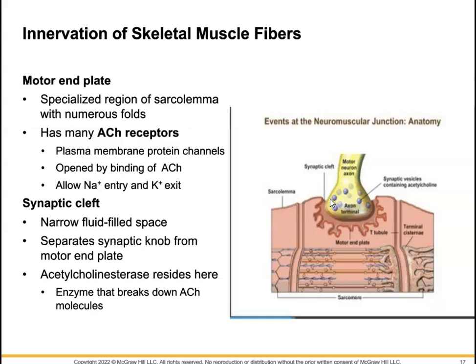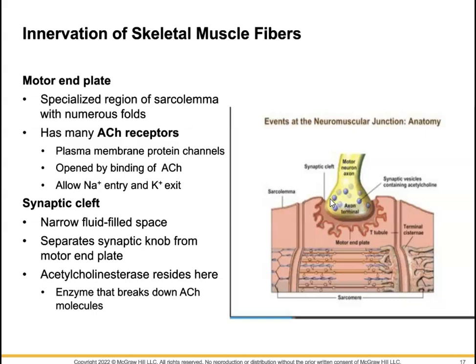The motor end plate also has a very, very high number of acetylcholine receptors. Now, those acetylcholine receptors are chemically gated ion channels. So when the chemical acetylcholine binds, it opens the channels, allowing sodium to come into the muscle cell and potassium to exit.